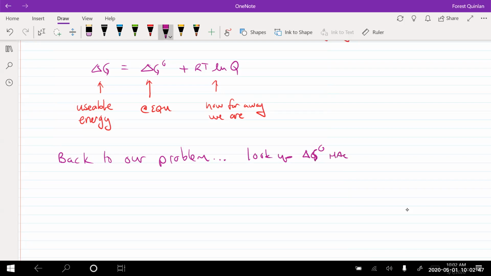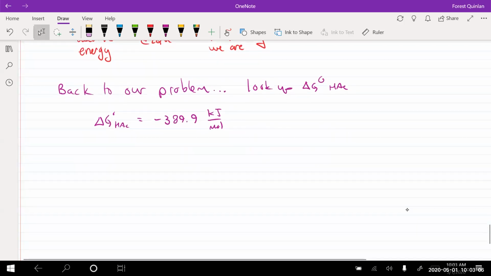It's in the book. You can find it. People have done this. They've calculated it. So delta G naught of acetic acid is equal to negative 389.9 kilojoules per mole. That's what it is, standard conditions.